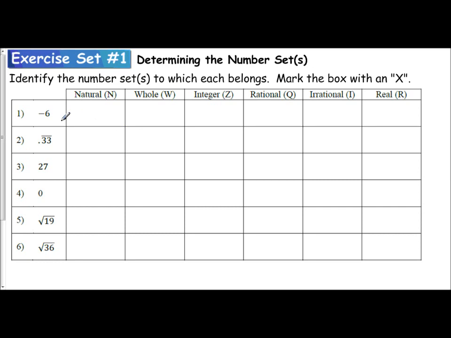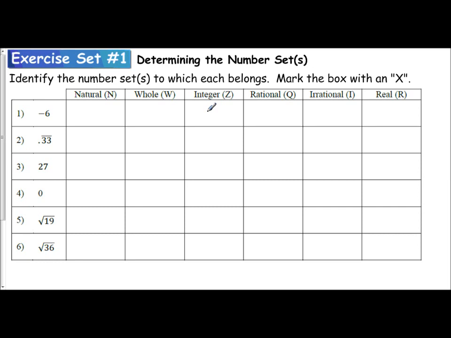And I've stated in the previous video of this lesson that we need to figure out the first place this number existed. If we take a look at -6, it's not natural because it's not one of your counting numbers. It's not whole because whole includes the number 0 and then all your counting numbers.